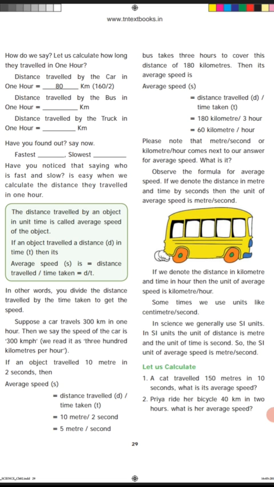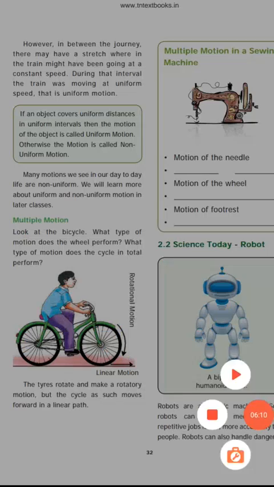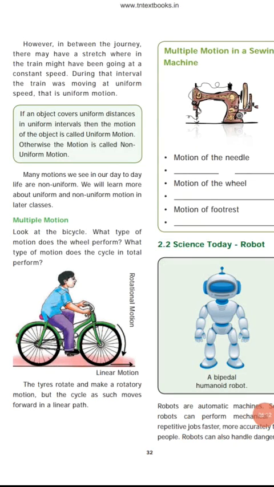It is a unit of speed. We already studied in chapter 1 that the SI unit of distance is meter, the SI unit of time is second, and the SI unit of speed is meter per second. Some sums are given in your book, so you have to practice them yourself.